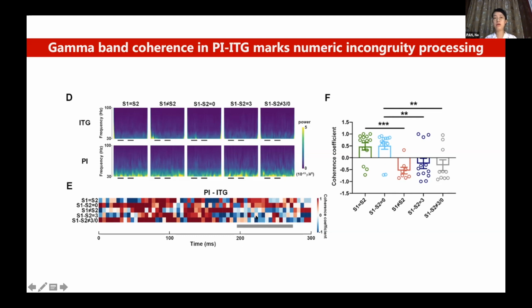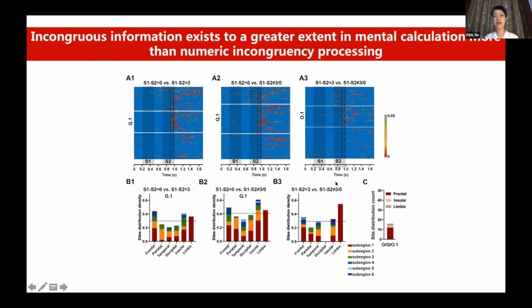So it is suggested that the gamma band coherence in the two regions might mark the numerical incongruence process, and this result was also confirmed by the result analyzed in the calculating task.